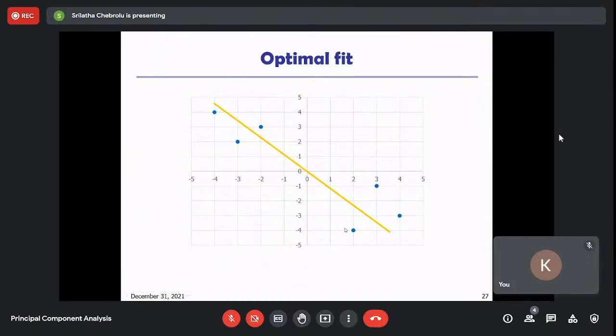First start with a random line passing through the origin, and then rotate it such that the distance from the data point to the projected point, the sum of the squares of the distances, has to be maximum.